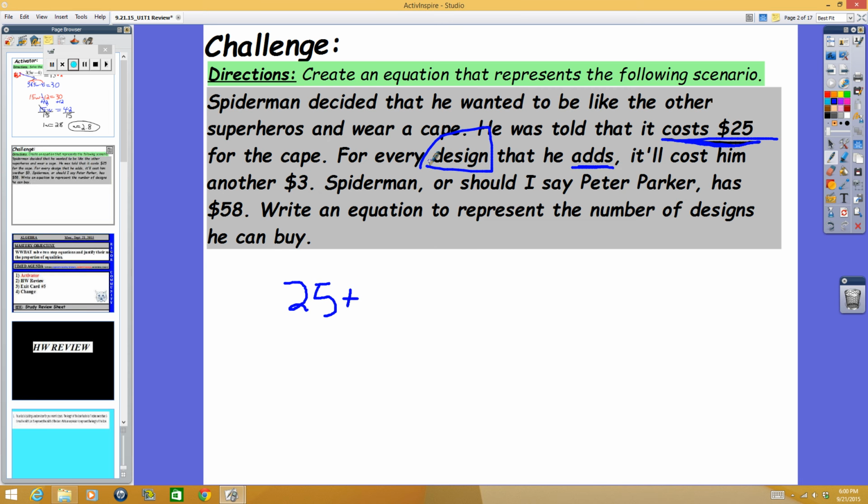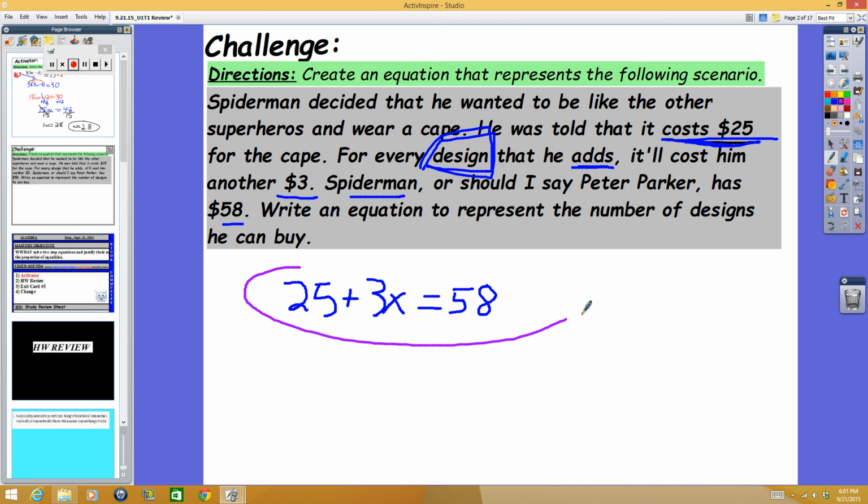And each design is going to cost him $3. Okay? We don't know how many designs he's going to get. So that's why we're going to put this unknown variable next to it. Because we don't know if he's going to get 1 design, 2 designs, 3 designs, etc. So Spider-Man had 58 bucks to spend. And that is it.